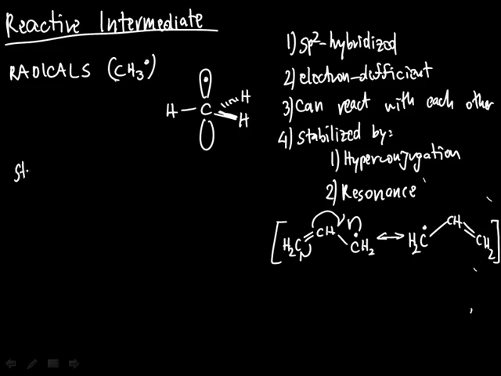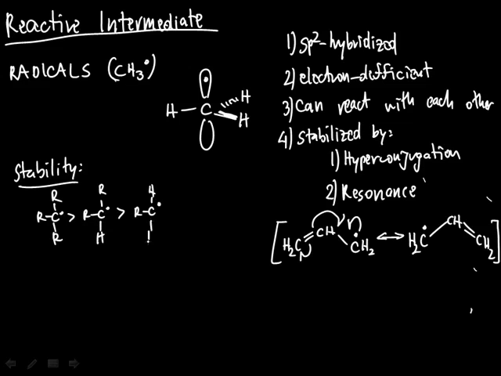In terms of their stability, radicals grow less stable as we go from tertiary to secondary to primary and finally to methyl radical. And of course, these resonance-stabilized radicals are even more stable than tertiary radicals.